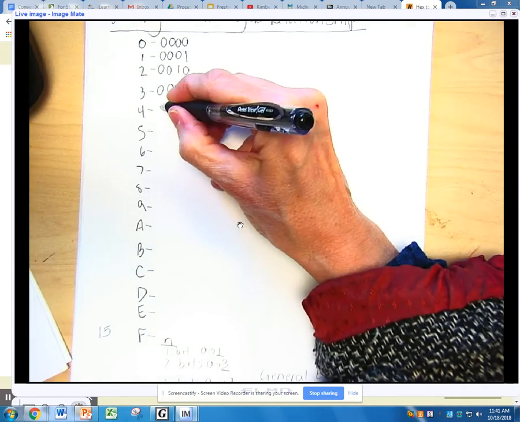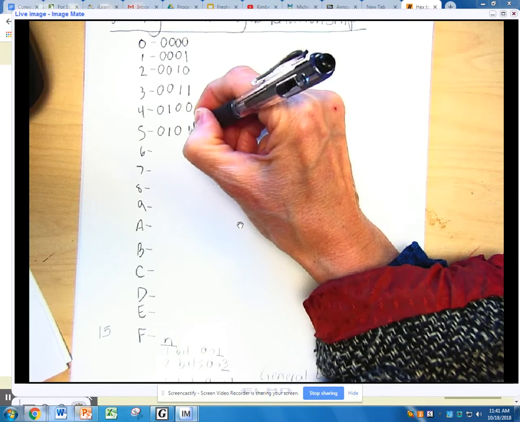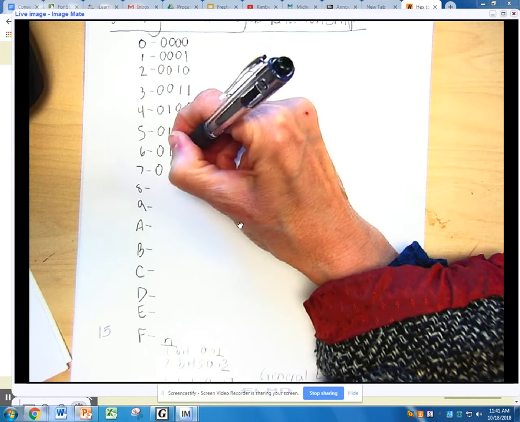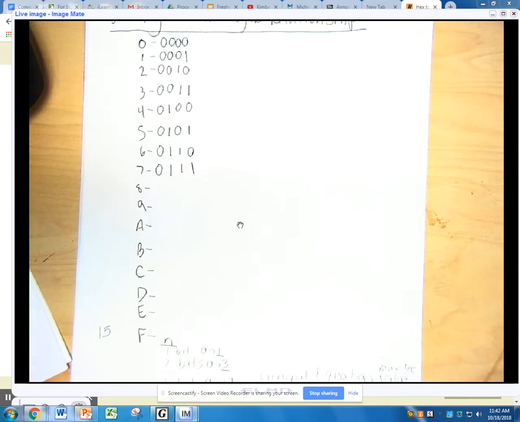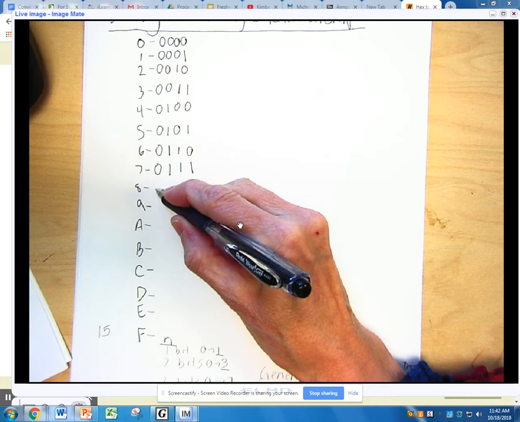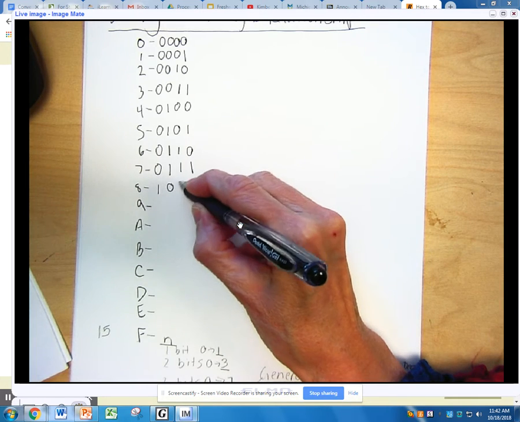Let's go to 4. 4 is 0100, 5 is 0101, 6 is 0110, 7 is 0111. Is this all ringing a bell? Okay, we're going to do 8. What's 8? Good. 1000.